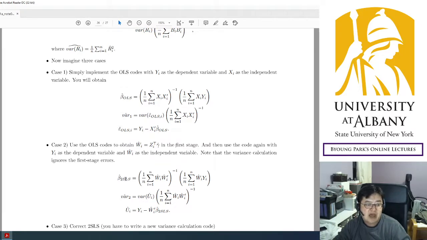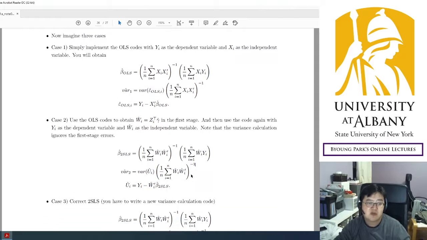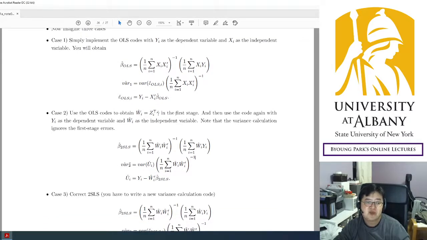Your estimator will be calculated this way. You regressed y on w hat, and that gives you this beta hat, which is correct. Beta hat is correct. But the problem is the variance. The variance will be based on this residual.